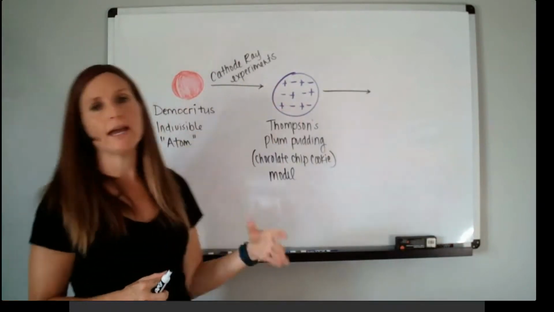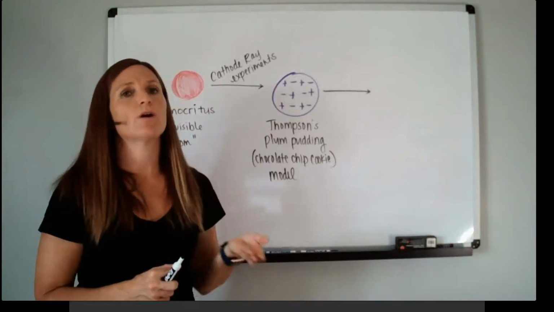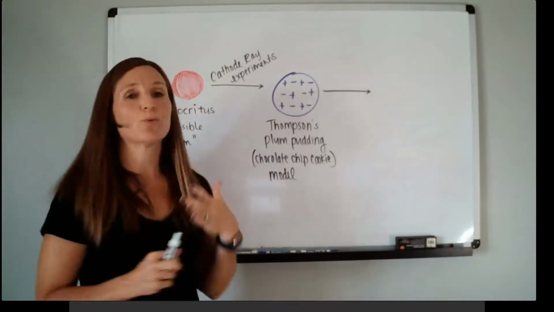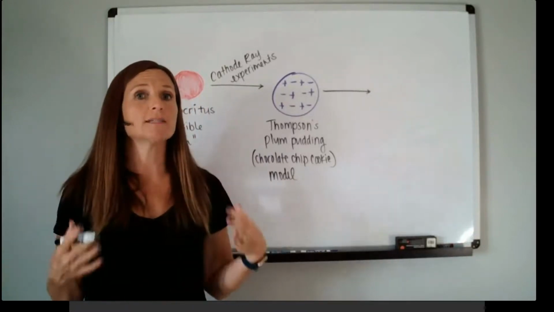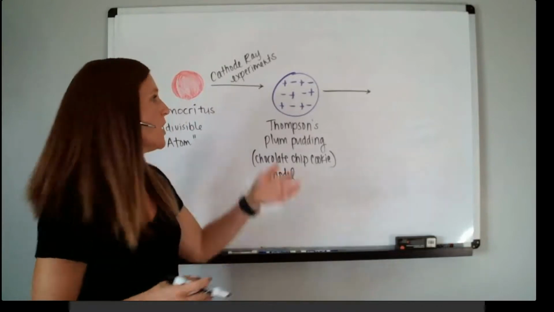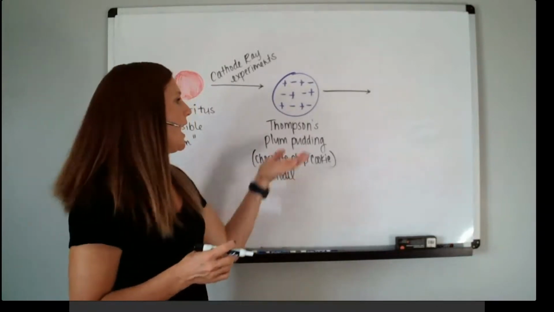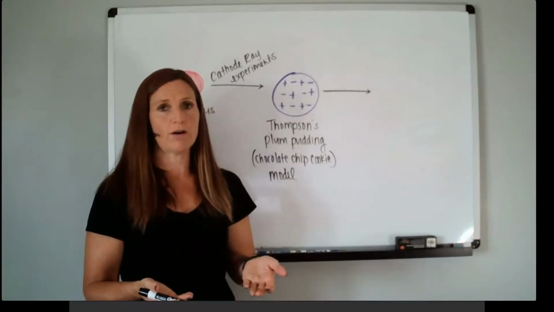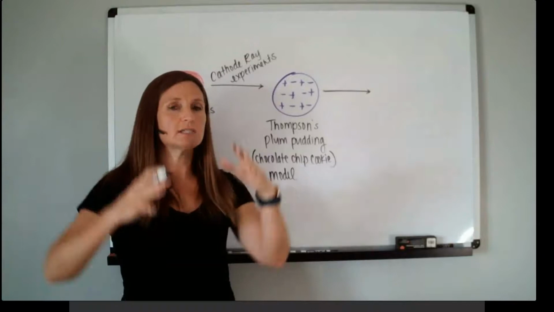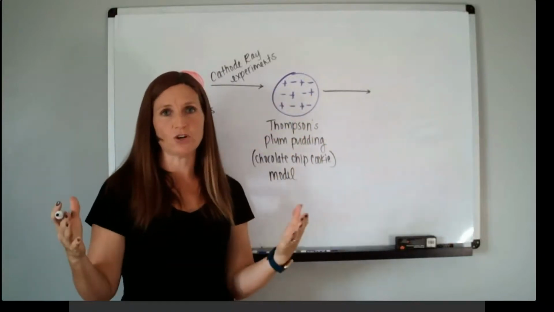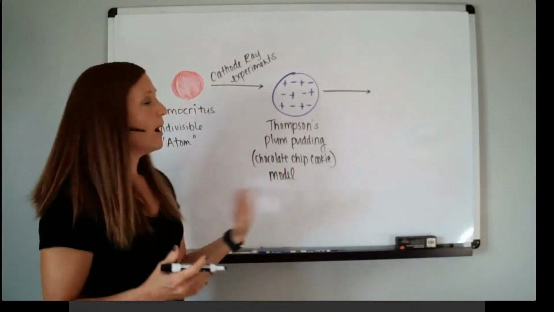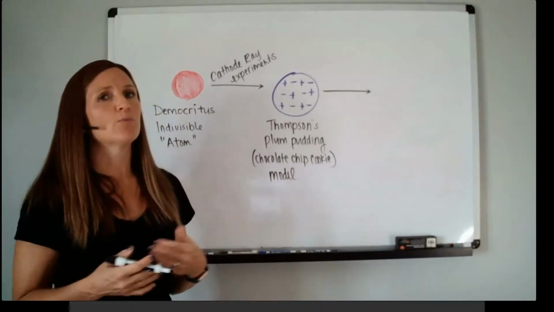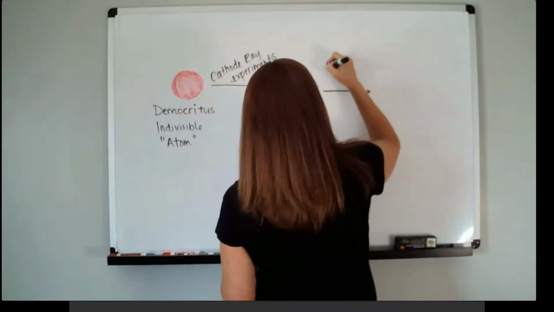But the cathode ray experiments confirmed that there were in fact small negative particles inside of the atom, which left room for the idea that large positive particles, which we now know are the protons, were also present in the atom, leading to Thomson's plum pudding, or we like to think of it as the chocolate chip cookie model, with small negative spheres in a larger positive matrix. That model was tested and proven false by Rutherford with his gold foil experiment.